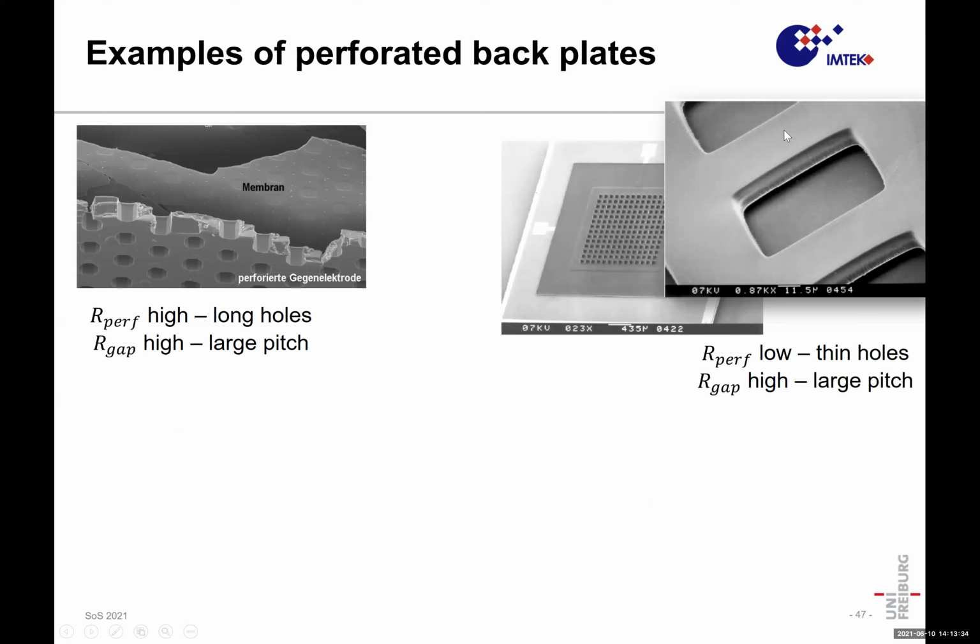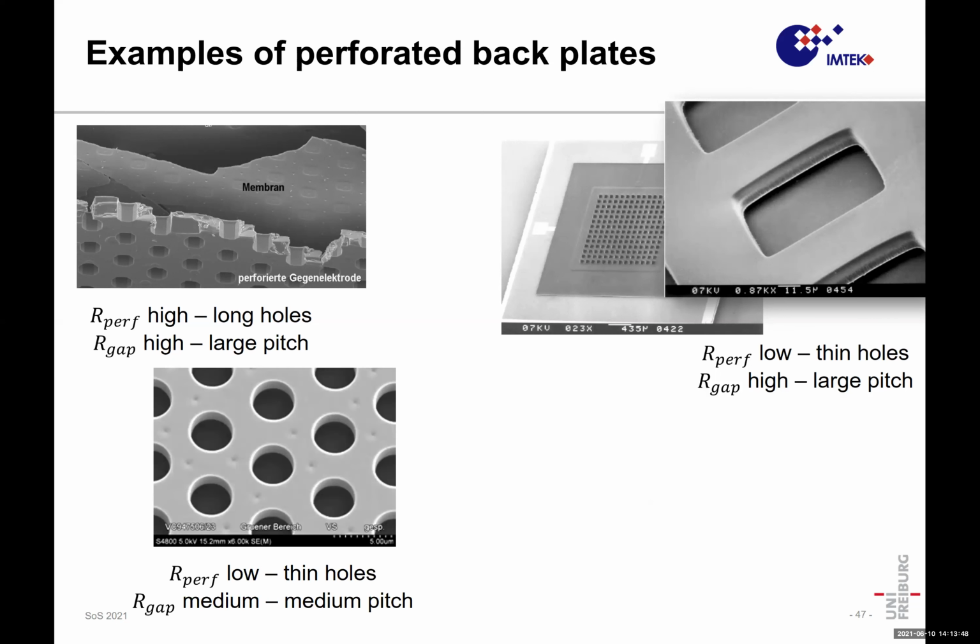So the gap resistance might be quite high because you have to float the air out, and then the perforation hole is of course wide, so the resistance is small. So I guess you need something balanced.